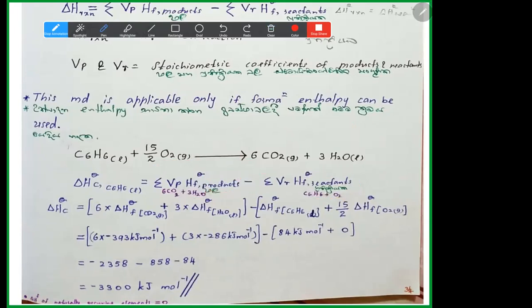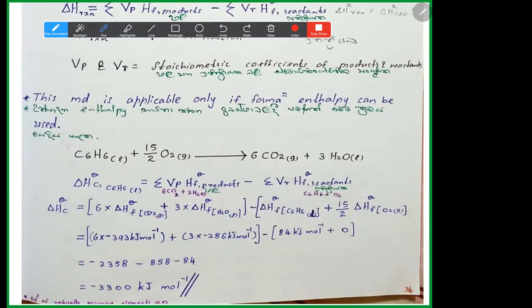Products: 6 times formation enthalpy of carbon dioxide and 3 times formation enthalpy of water. Then reactants: 1 times formation enthalpy of liquid benzene, 15/2 times formation enthalpy of O2. So these two are supposed to be added, then get the difference between these two.